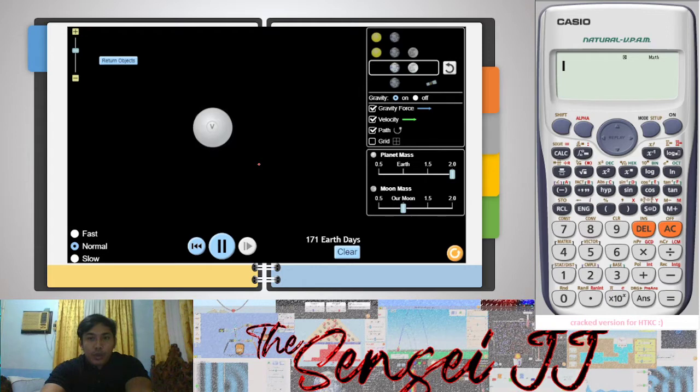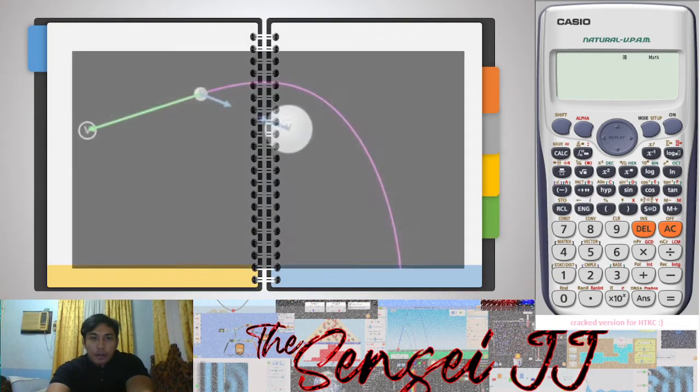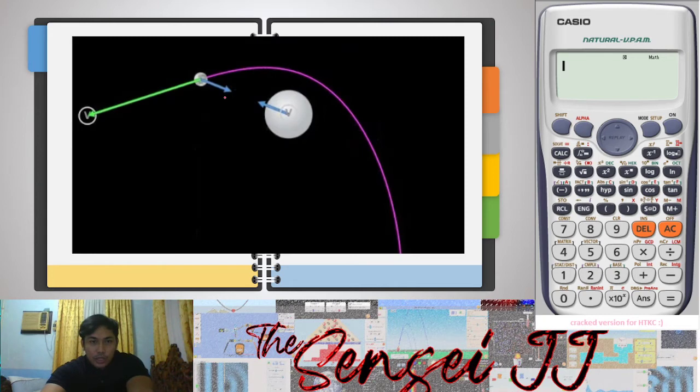It figured out its way out for our moon to escape the gravitational binding between the moon and the Earth. So here in this picture, you can see that the velocity is going away from our Earth, even though there is a gravitational pull between the two.